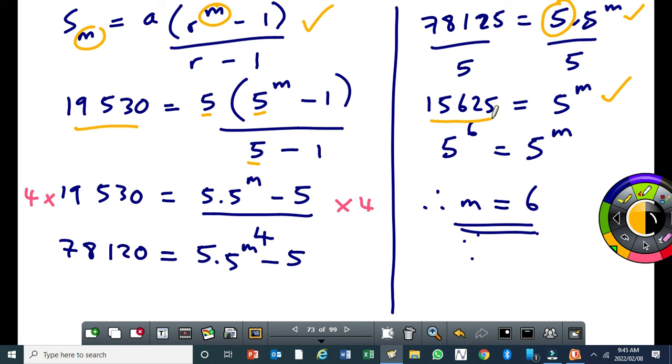No, you just said 5 to the power of m plus 1. In the numerator of the denominator. Yeah, 5 to the power of m plus 1, minus 5. Same figure. Why would you have to go as 5?